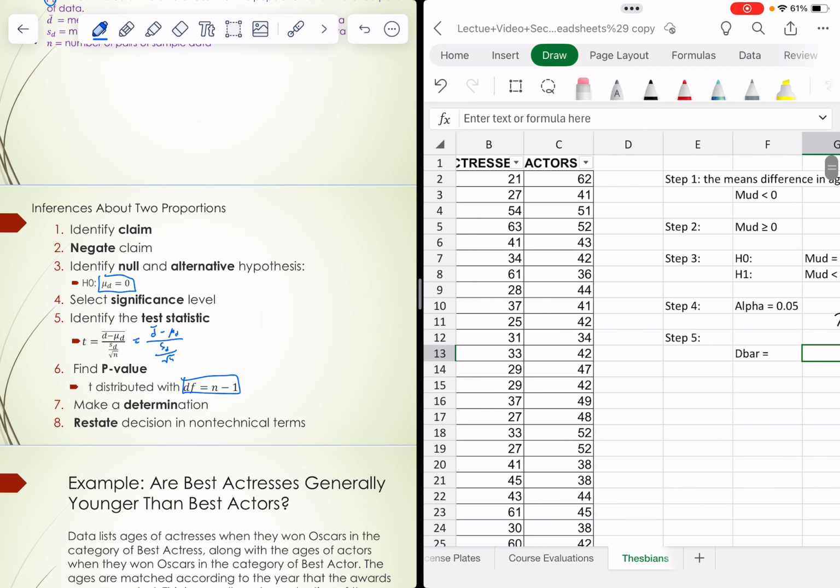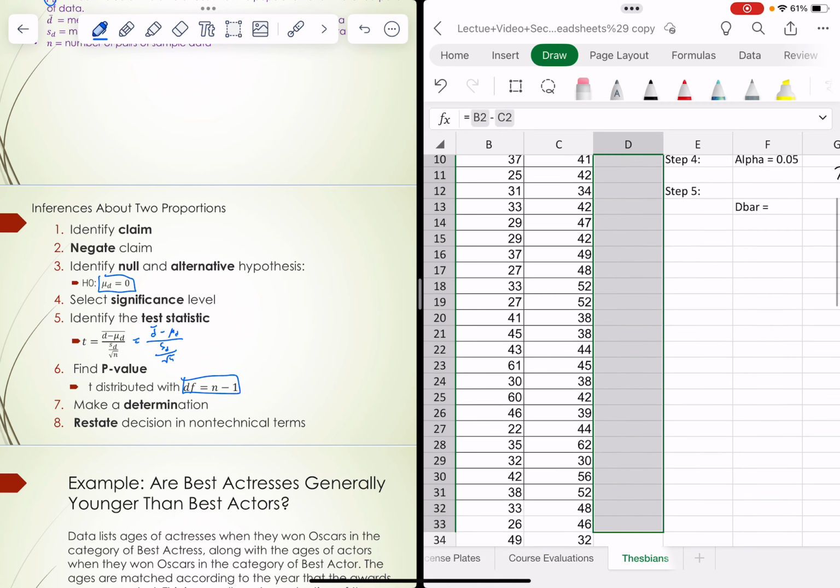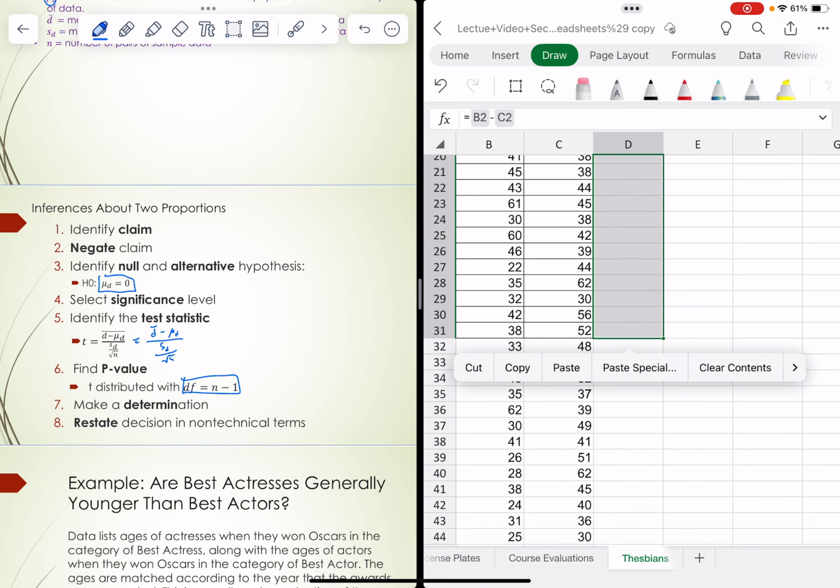So first what I need is my D's. The differences equals actress minus actor. Enter. Copy. Just the first 30.